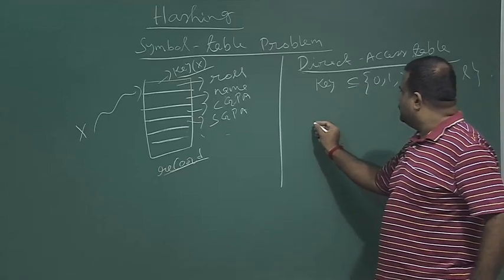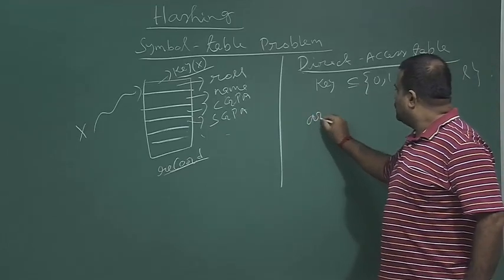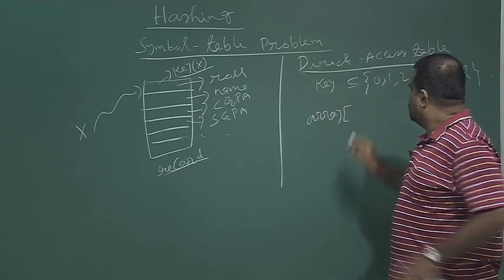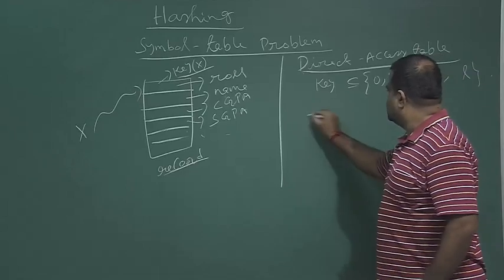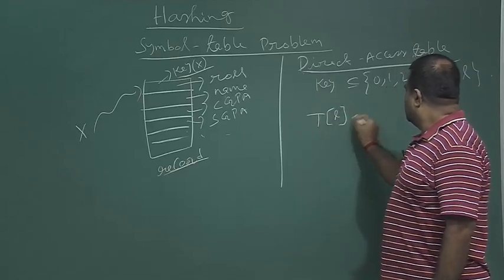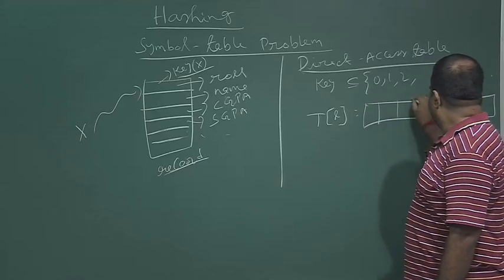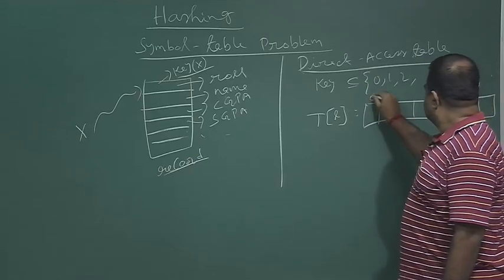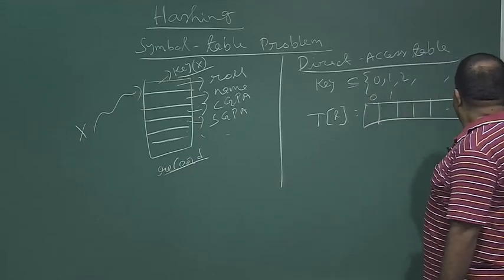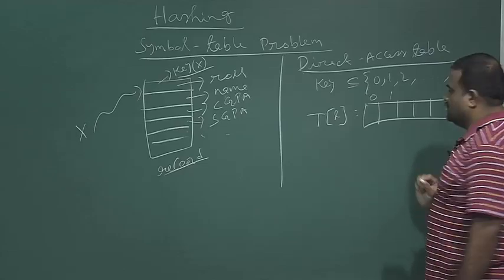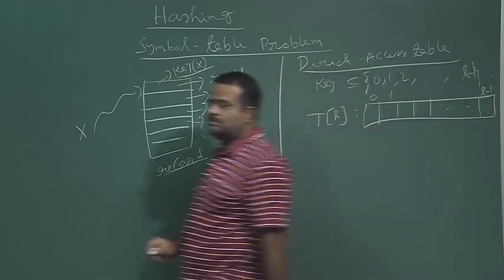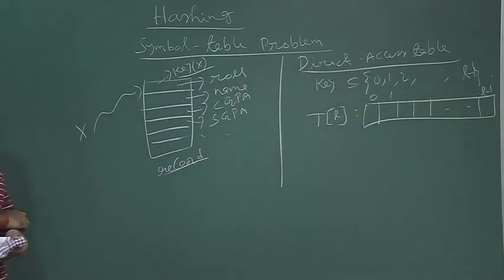So we maintain a table, or basically an array, of size L. We can take this as T of L, an array indexed 0, 1, up to L minus 1, where L minus 1 is the maximum value that the key of a record can take.